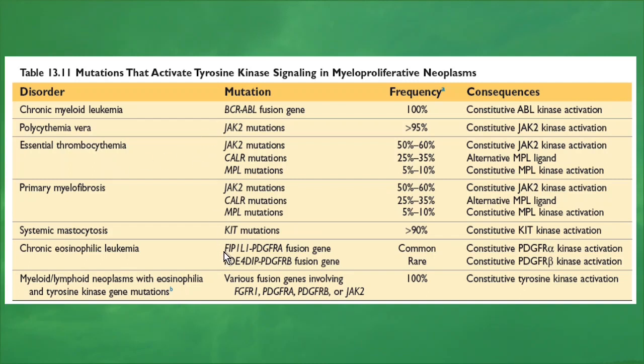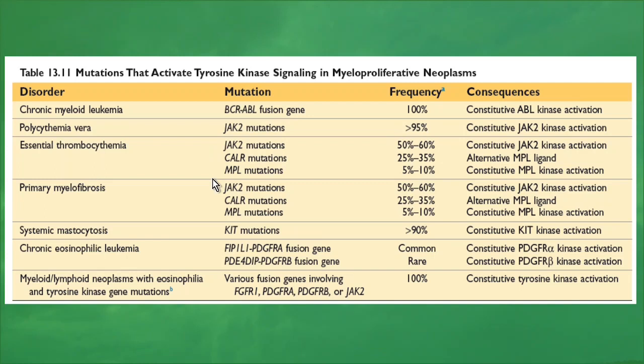Now the other mutations which you have to look for: one is JAK2, which is very important in Polycythemia Vera. Almost all cases of Polycythemia Vera will have JAK2 mutations. Then ET, essential thrombocythemia, can have JAK2, CALR, MPL mutations.